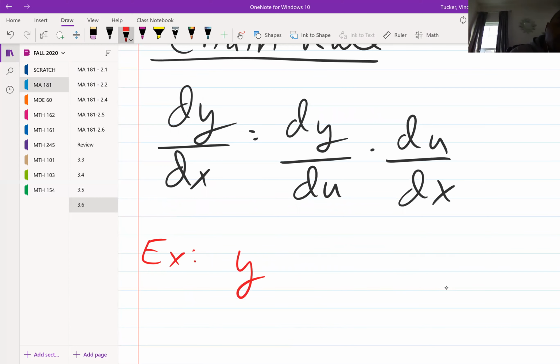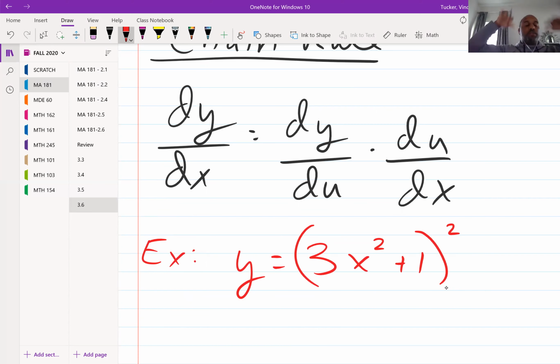So let's say we have y equal to 3x squared plus 1 raised to the second power. And the more you do this, the more you get used to taking derivatives, the less you'll lean on actually writing all the stuff out, and you'll just see that you have to take the derivative of an inside function and the derivative of the outside function.